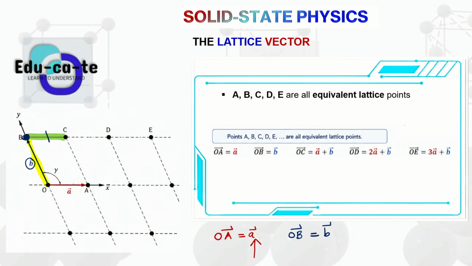This side and this side are equal, and also this side and this side are equal. So in this diagram, this side is also equal to the vector A.